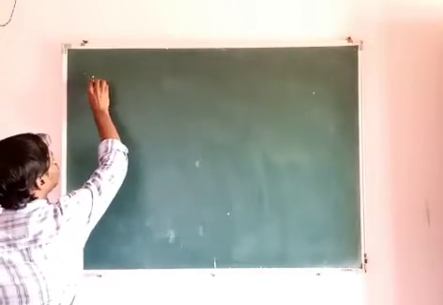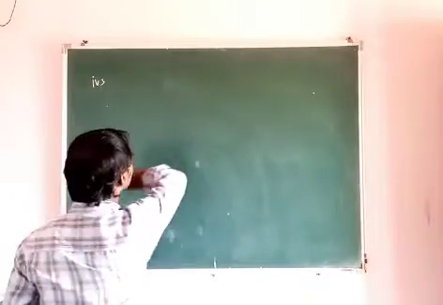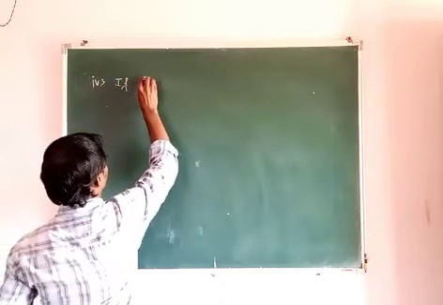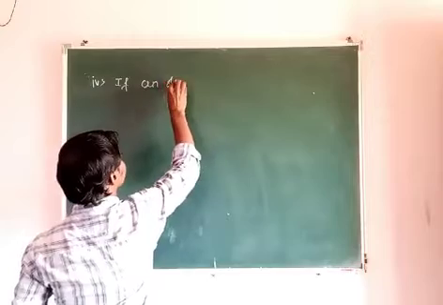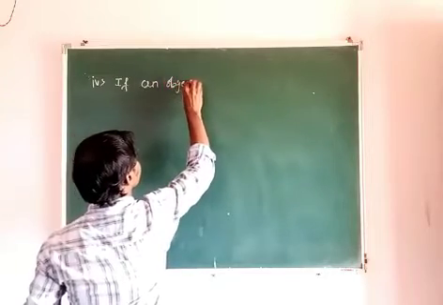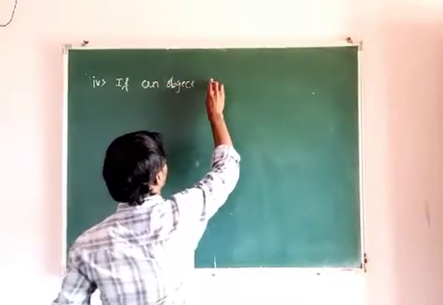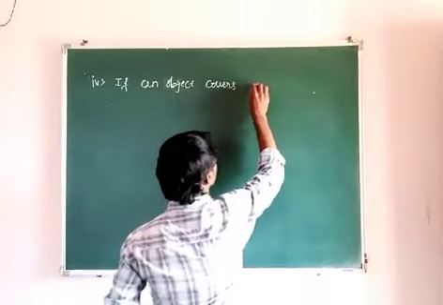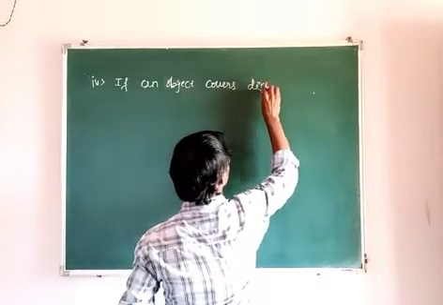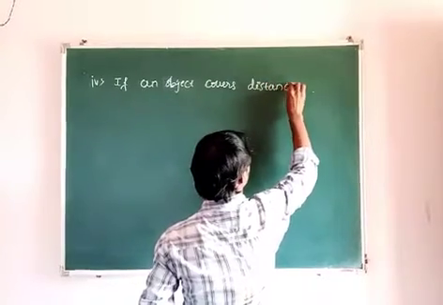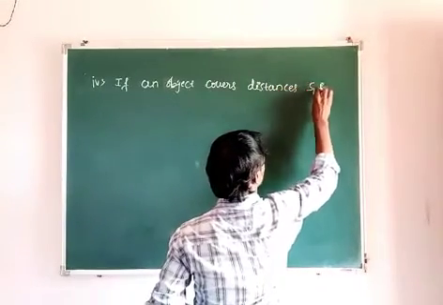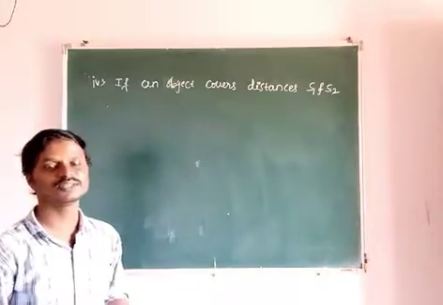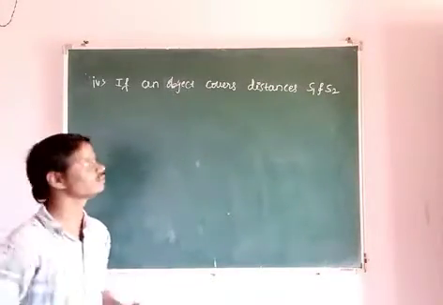Number 4. If an object covers distances S1 and S2, here the distances may be different and speeds may be different, but times are equal.